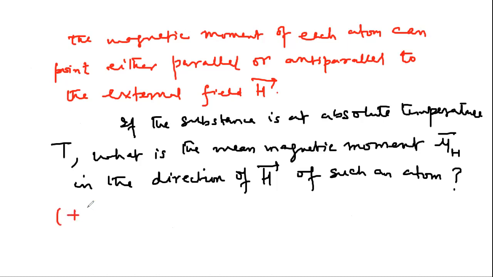The plus state is the state where spin points up. By that we mean that the magnetic moment of the atom is parallel to H.